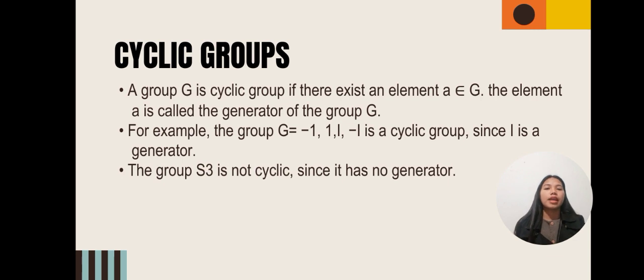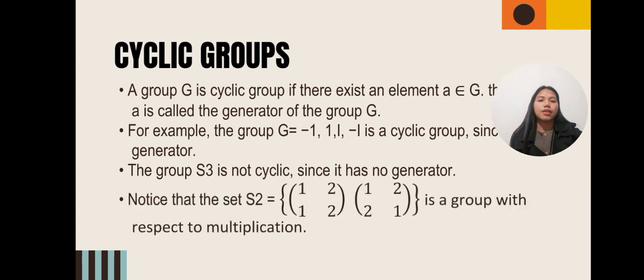The group S3 is not cyclic since it has no generator. Okay. Notice that the set S2 equals the set of permutations 1, 2 and below that 1, 2, and we're going to divide that by 1, 2 and the reciprocal, which is 2, 1.